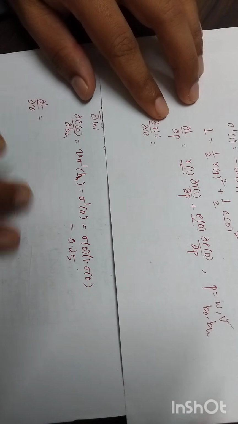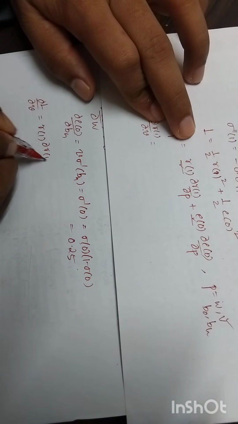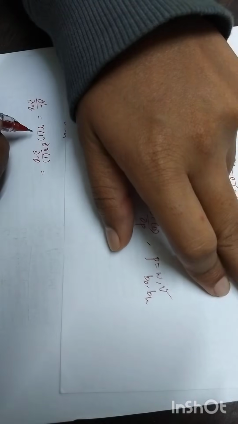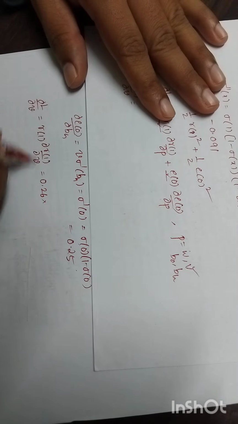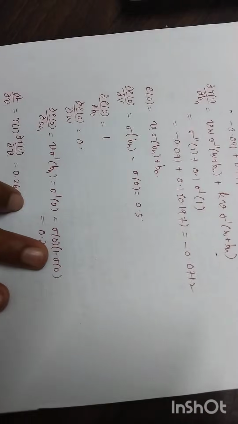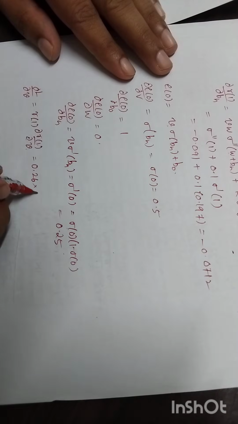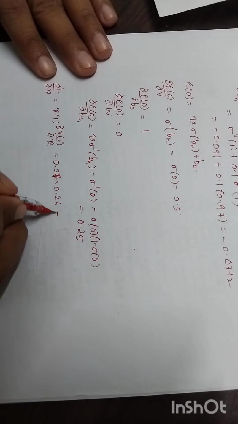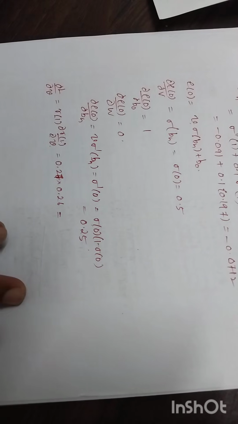Let's start with V, then it would be R1 into dR1/dV. The R1 value we already calculated is 0.26, so 0.26 into dR1/dV, which we calculated now, which is also 0.26. Maybe this value, just check it, maybe 0.27 might come for R1. If you multiply these two, you will get the value for dL/dV.